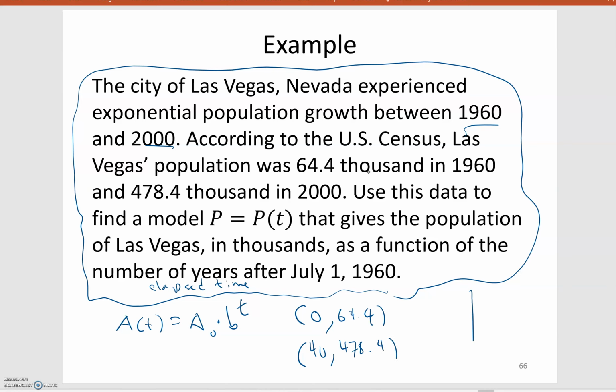So here's the idea. I've got this point at 64.4, and then out here at 40 I've got another point, which is 478, and there is some exponential function that passes through those 2 points, and I want to write the equation of it. But we don't specifically know how to do this yet.